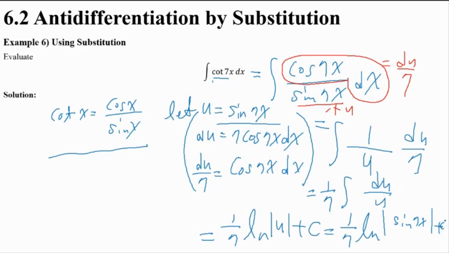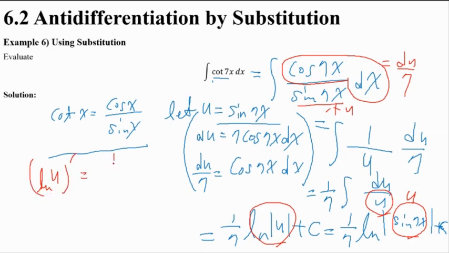Alright, so back to the u value: the integral of 1 over u changes to ln, which means the derivative of ln u will be 1 over u.